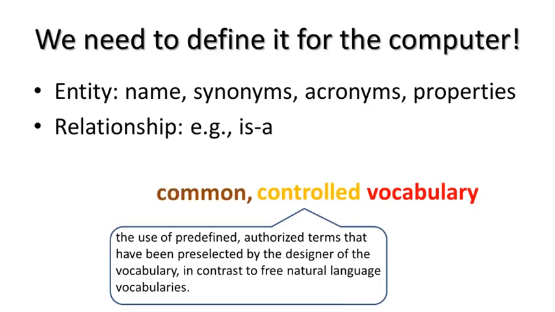The vocabulary is common, meaning that it is agreed upon by different people to use it as a common language across different applications. Last but not least, the vocabulary is hierarchical, defining the hierarchical relationship between the entities. When this is done in a very formal way, this vocabulary is called an ontology.